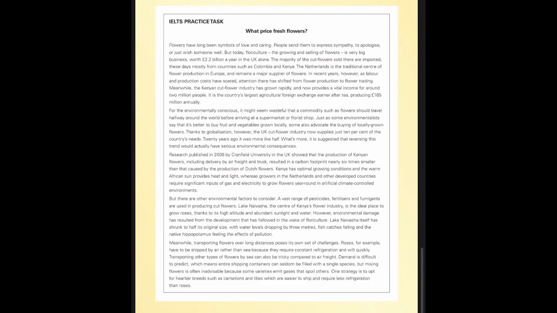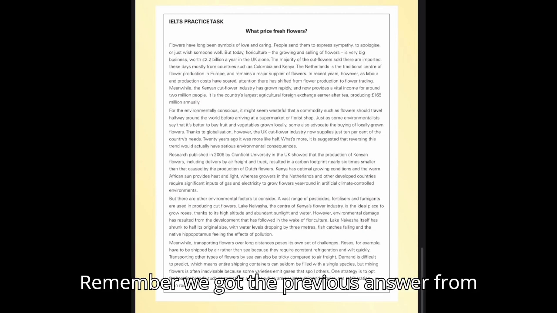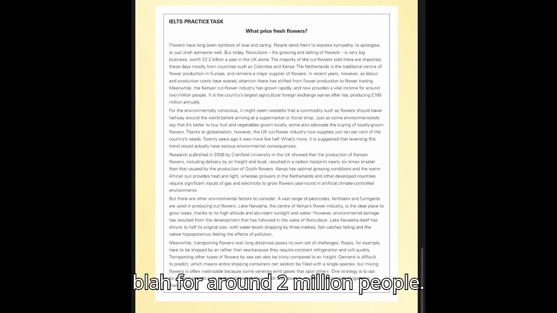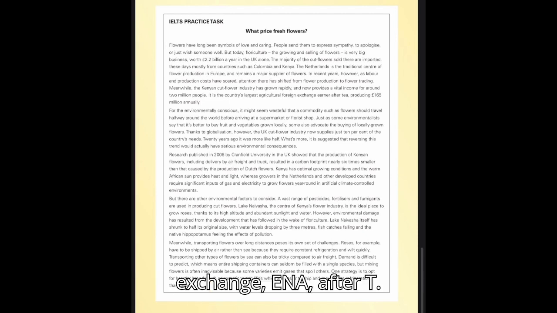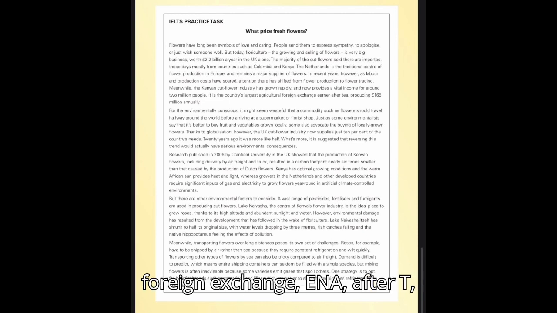Now looking at that same first paragraph, the last sentence. Remember we got the previous answer from the word meanwhile: the cut flower industry has grown rapidly and so on, for around 2 million people. The next sentence says, it is the country's largest agricultural foreign exchange earner after tea, which means tea is first. Understand.